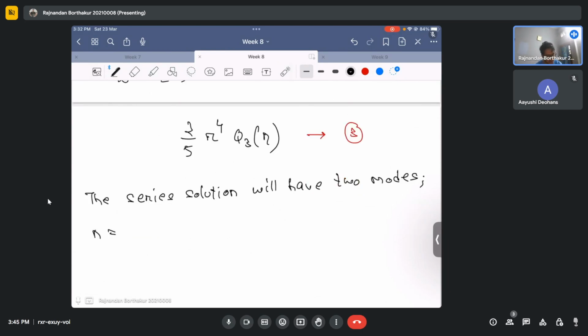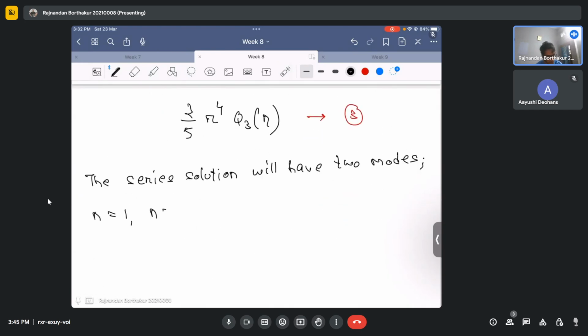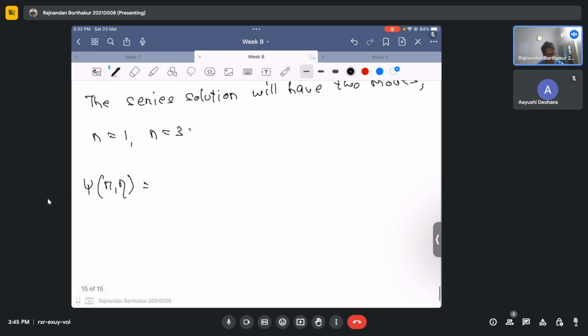One value will be n equal to 1, corresponding to q1, and the other value would be n equal to 3. So this means that the series solution of the stream function, that is the solution we are trying to seek, psi as a function of, let's say, r and eta, I will just now write this for the sake of clarity.